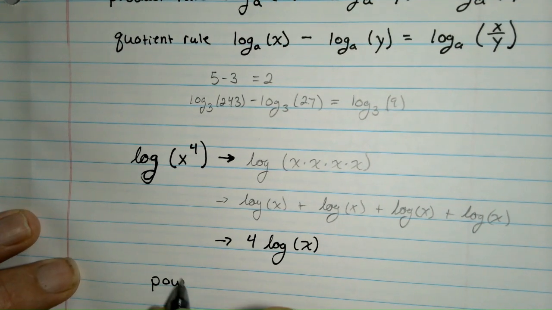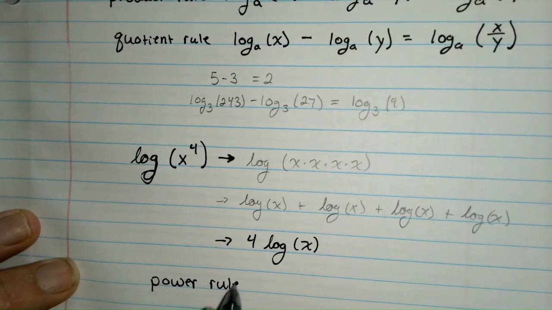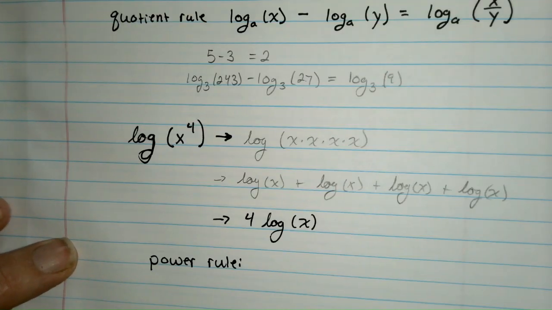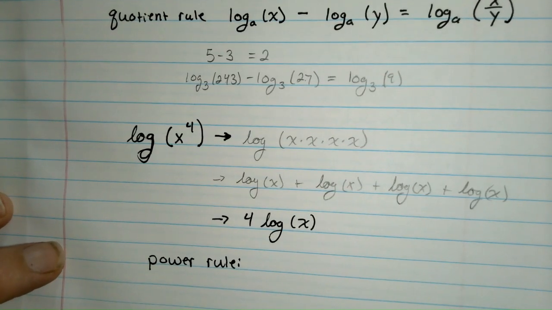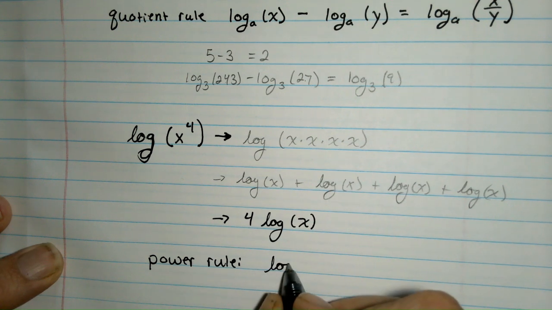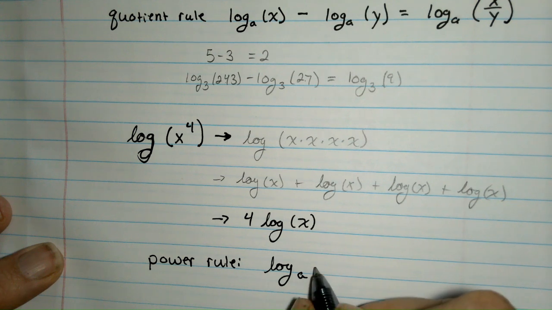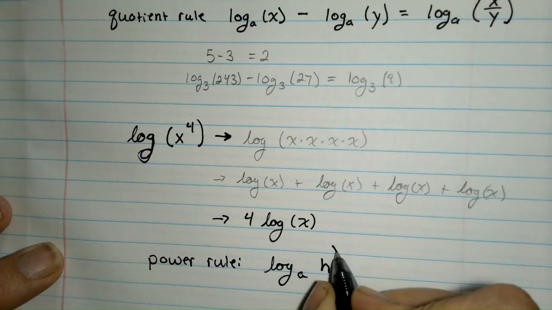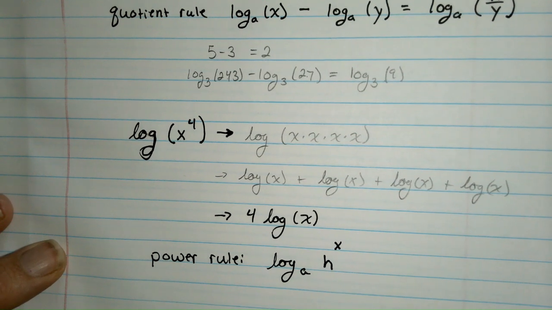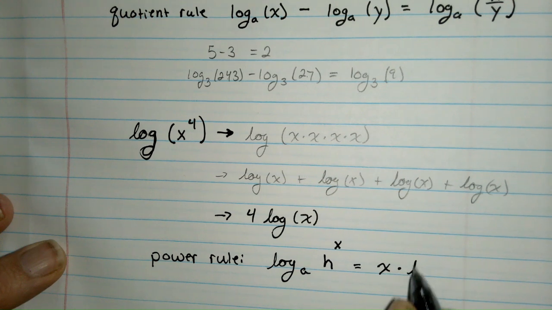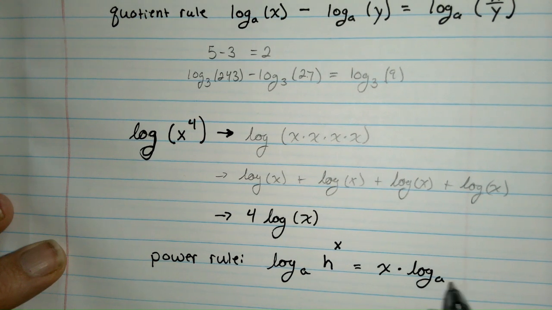Your power rule states, and I'm using random letters. Every book uses different letters. The letters are just placeholders. So even though I keep calling it base A, they could have called it base M. Log base A of h to the x, I'm being weird with my letters, will be equal to x times log base A of h.